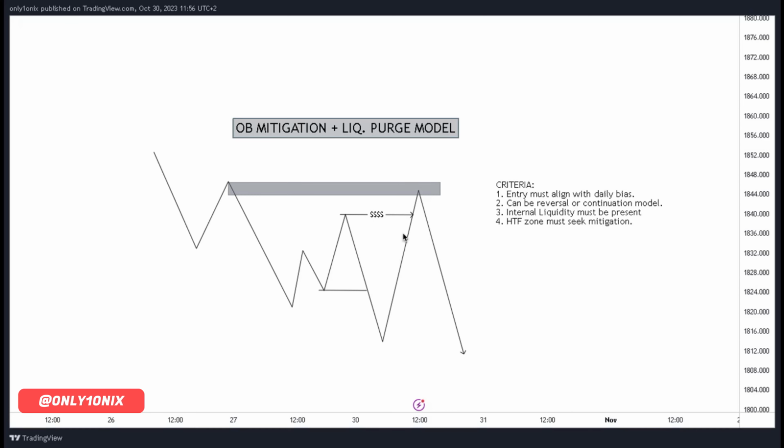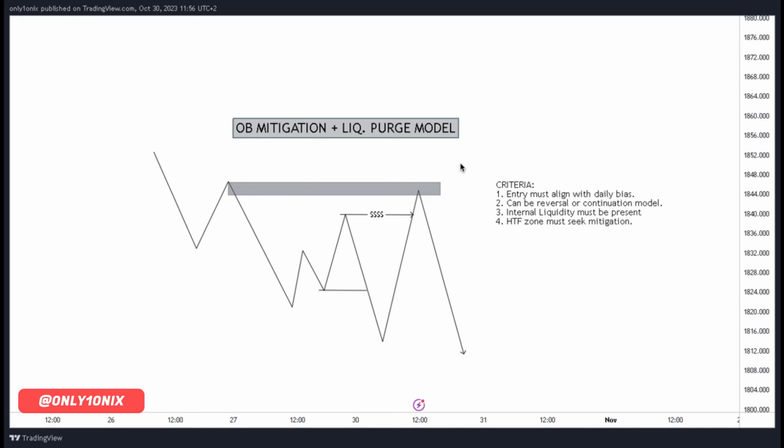So in that case, internal liquidity plays a role in trapping the market. Internal liquidity acts as a fake out. But if you understand where price is going, which higher time frame liquidity it is trying to purge, we can understand and be in a good area to place our entry.